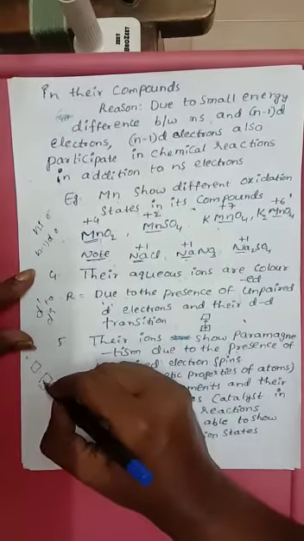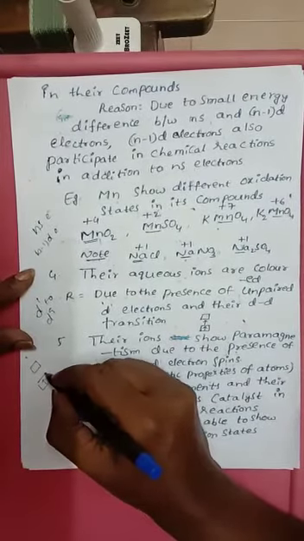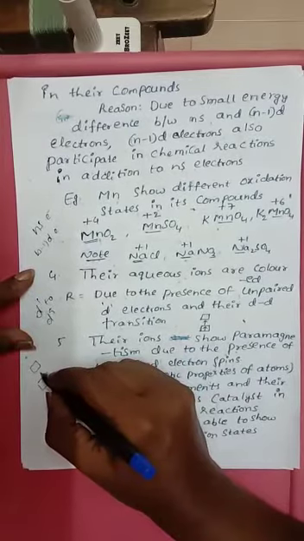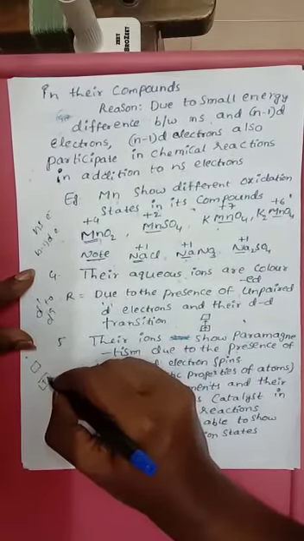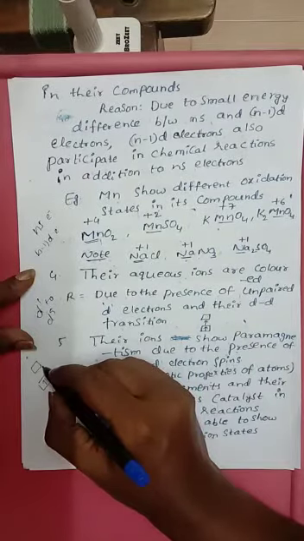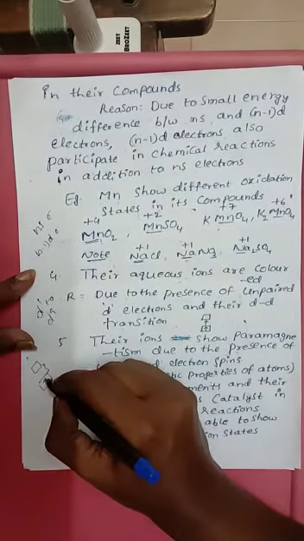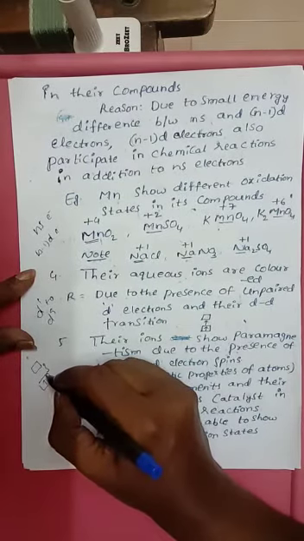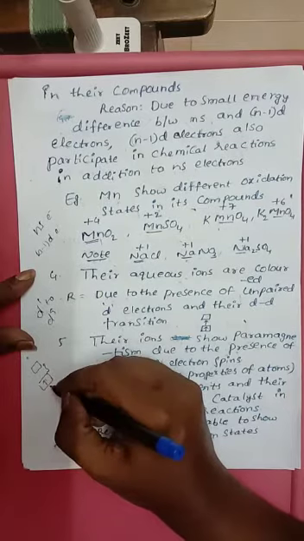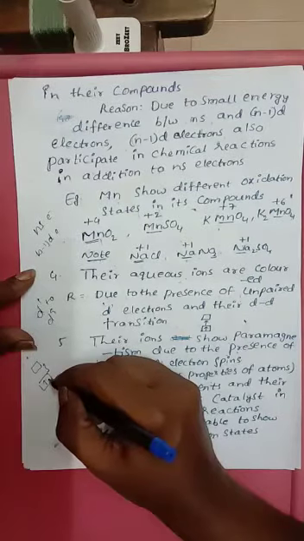This electron jumps from here to here by absorbing suitable light photons. When white light is allowed to fall on this electron, it absorbs the photon whose energy is equal to this energy difference. Remaining light photons are transmitted. The color of the transmitted light is nothing but the color of the solution.